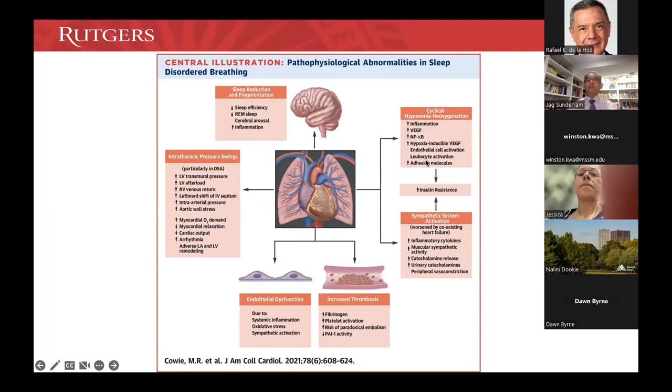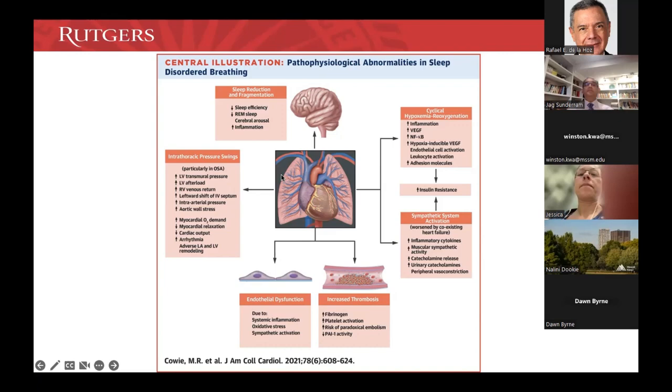The intermittent hypoxia itself activates the sympathetic nervous system, both peripherally and centrally, leading to release of inflammatory cytokines, and potentially worsening coexisting heart disease or heart failure.